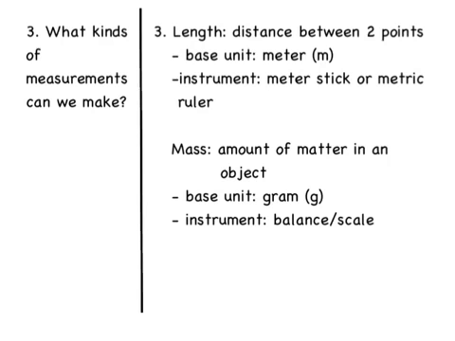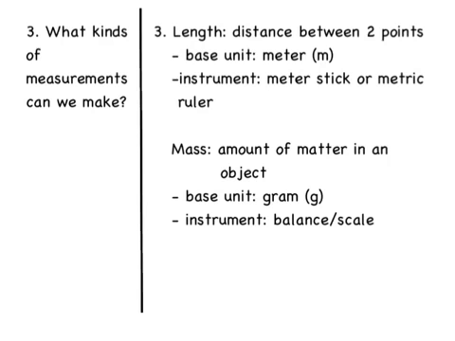The base units are always going to be the simplest unit of measurement, and then we can add prefixes onto that to kind of give the magnitude of how big or how little something is. When we're measuring mass, we measure in grams, and the instrument we use to measure mass is the balance or a scale. All right, so that's mass.